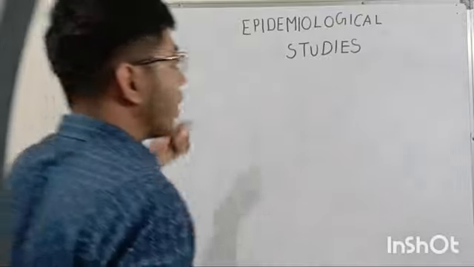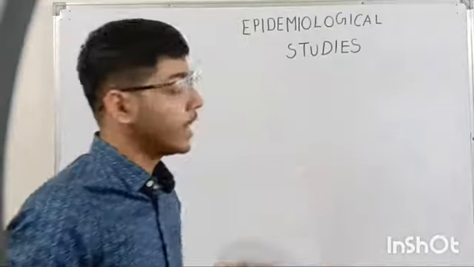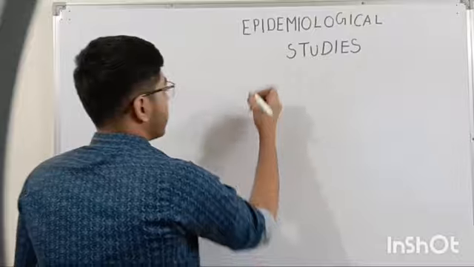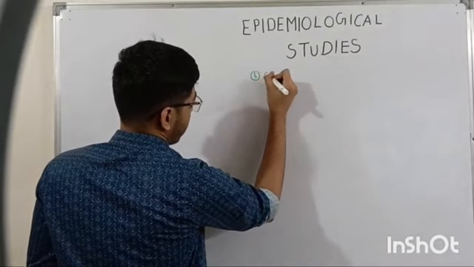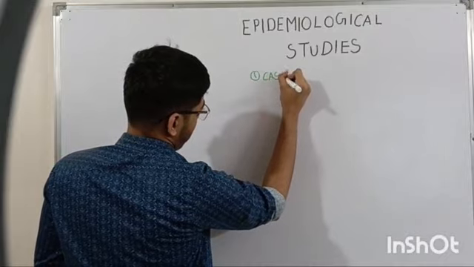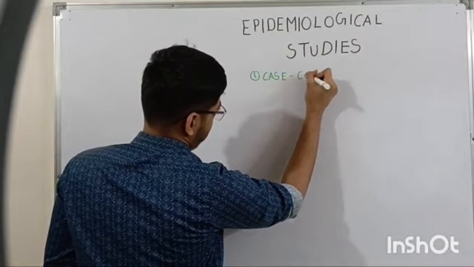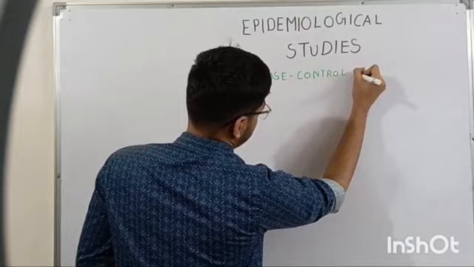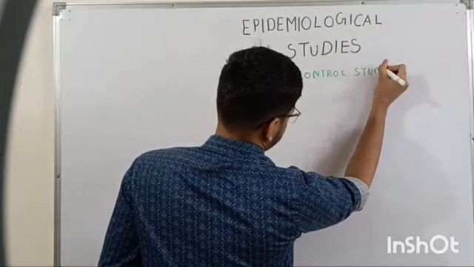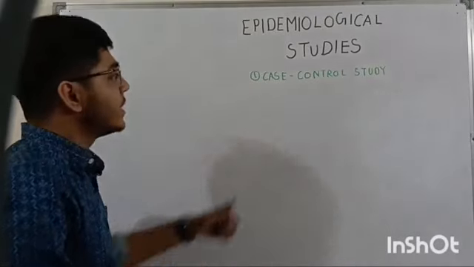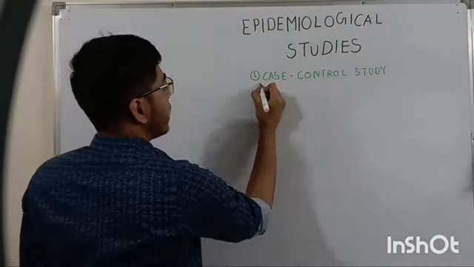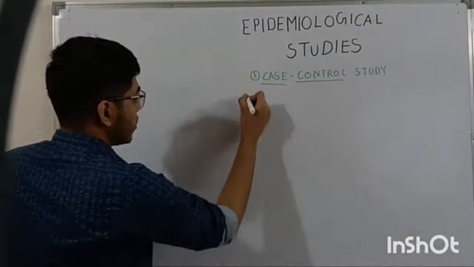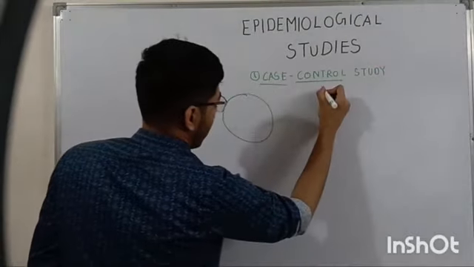Now that we have the idea of all the types of studies, we will be studying the first topic of today, that is the case control study. As is evident from the name, case and control.